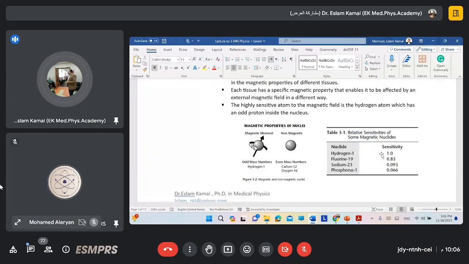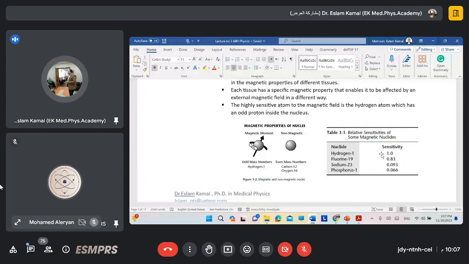As you know from your high school physics, if you have two energies, both equal and in different directions, they cancel each other. Now in our hydrogen atom, we have only one proton, which has a magnetic force in a certain direction, but there is no other particle containing a magnetic field in other directions.